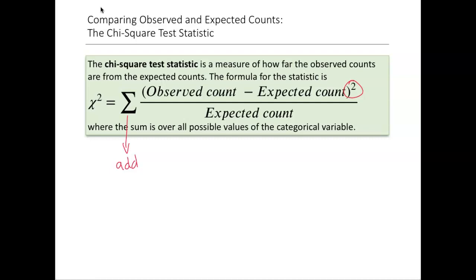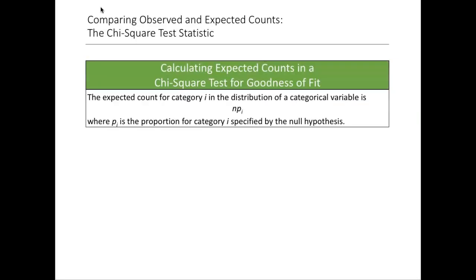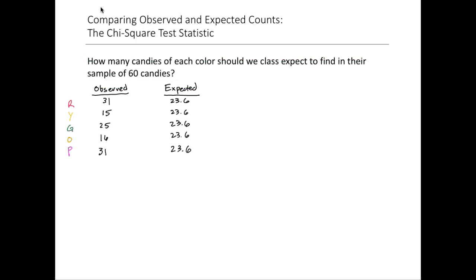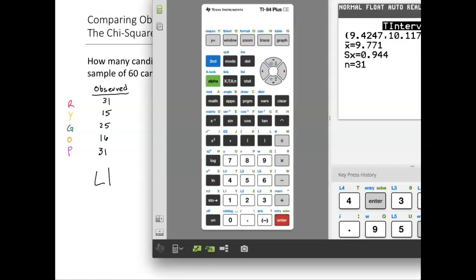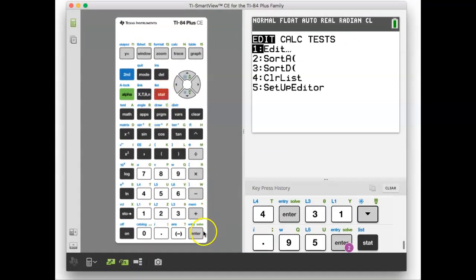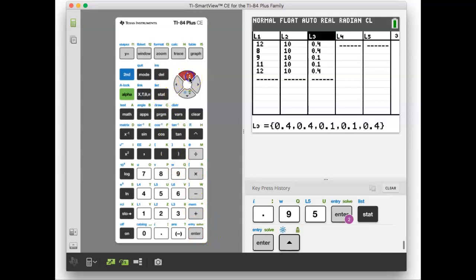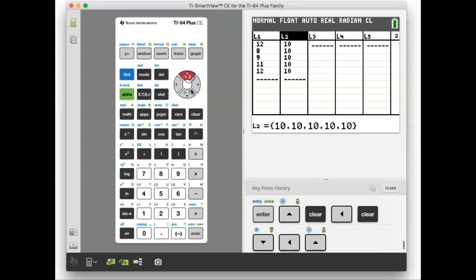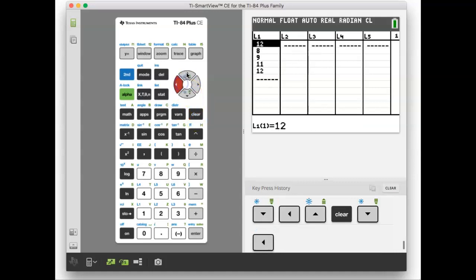We'll do this in our calculator. And what I want you to do is just go to your calculator, and we're going to enter in list 1 your observed counts, and then in list 2 our expected counts. So list 1, list 2. We'll go stat, edit. Just going to clear out anything in there. Here's what we had.